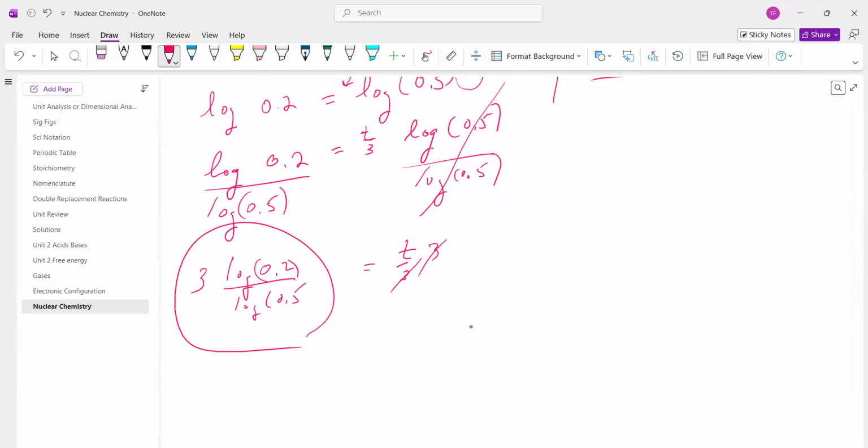That's 3 times log of 0.2, all divided by log of 0.5. So our time, the elapsed time to go from 5 to 1, is some number of years.